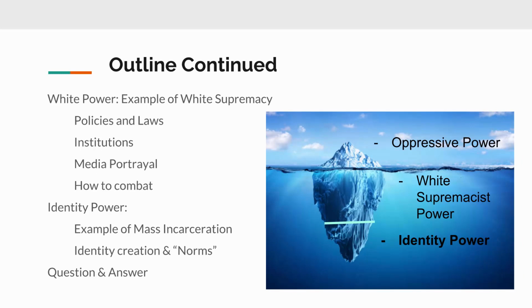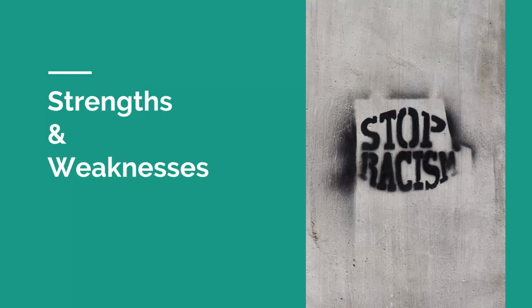White power is the maintenance of white supremacy, so we're going to be looking at policies and laws, such as the war on drugs and Clinton's three strikes laws, and institutions, so we're going to be looking at suburbia versus the inner city, and white flight, and then how people are portrayed in the media, and we're going to discuss how to combat that. And then lastly, talking about identity power using the example of mass incarceration and identity creation and norms. And then we're going to have a question and answer.